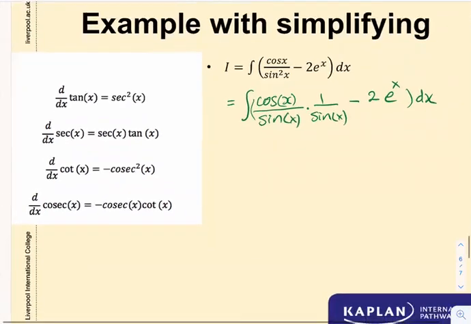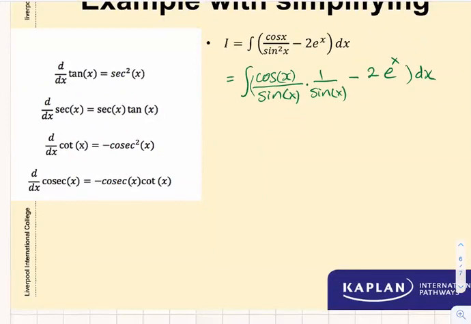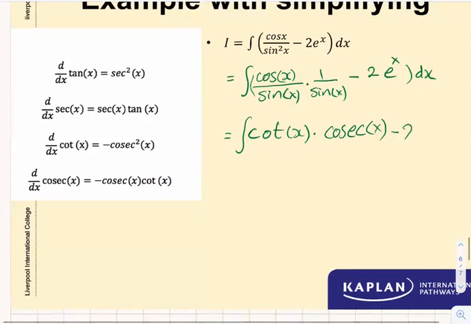Okay, cosine over sine is cot, so this can be the integral of cot x times 1 over sine, which is cosec x, so we can write it this way, minus 2e to the power x dx.